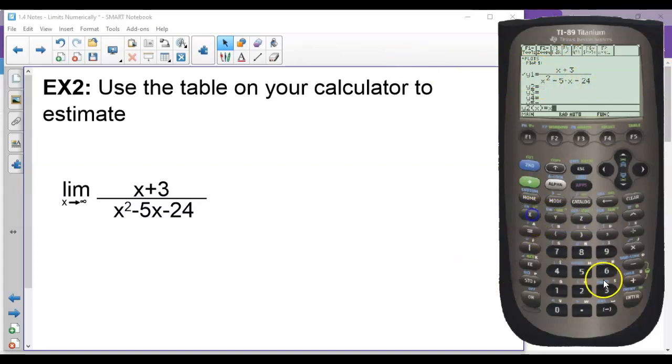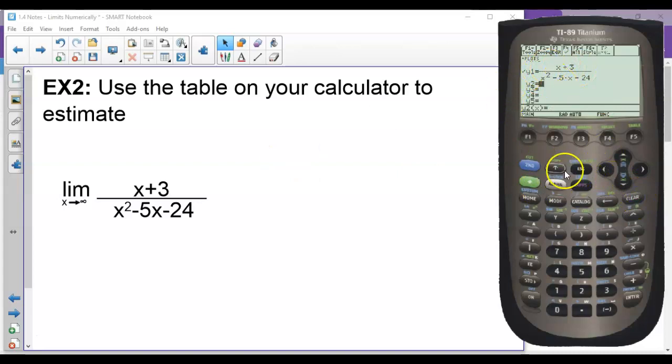For example, if you type this in incorrectly, if you do x plus 3 divided by x squared minus 5x minus 24, if you don't put the parentheses in, when you hit enter, you can see that, actually I typed that in wrong anyway, didn't I? I'll go back here and change this to a division right here. But whenever I hit enter, see how I can tell this is not correct. So it really helps you keep from making mistakes when typing these in.